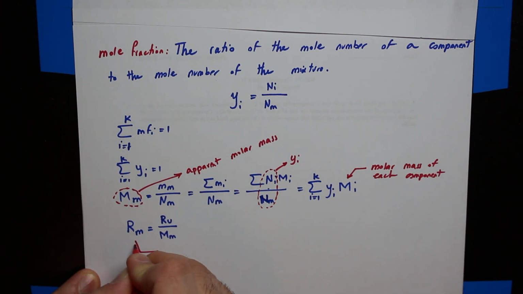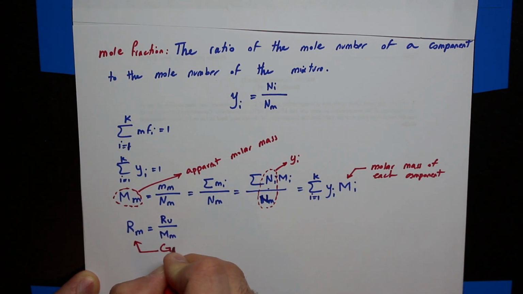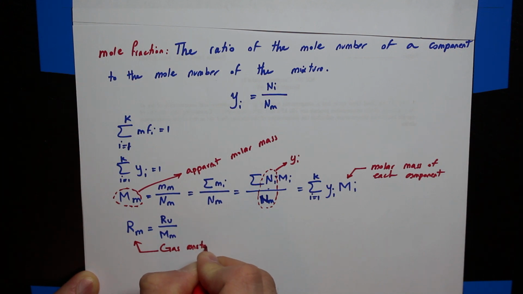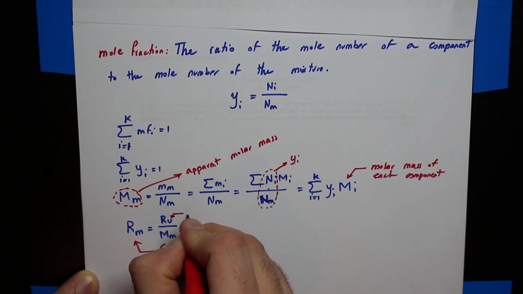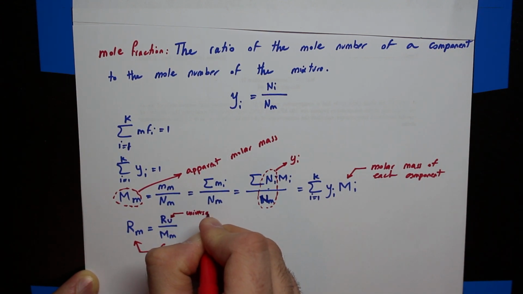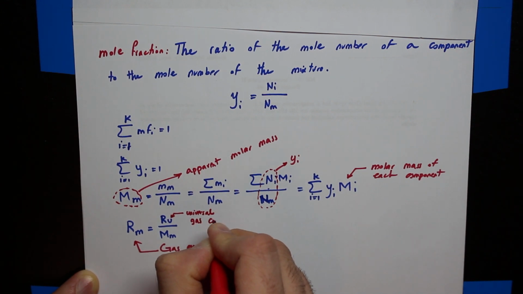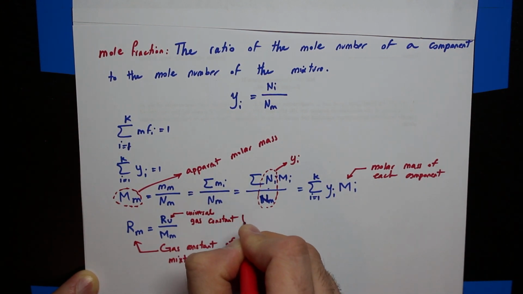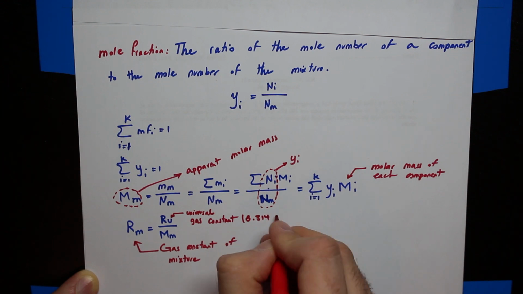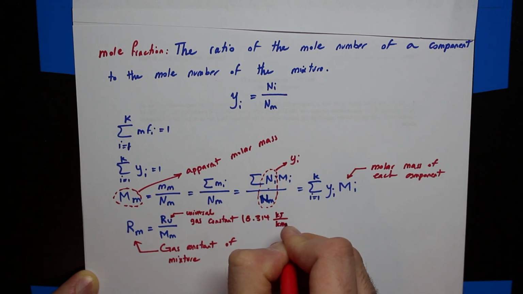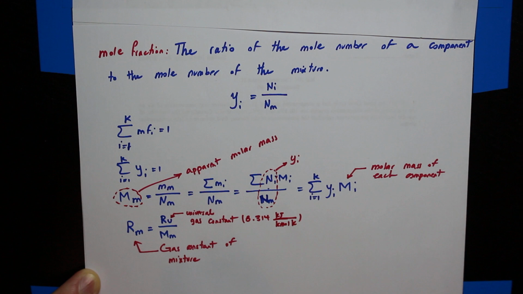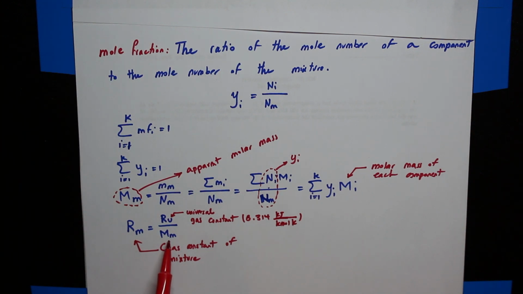So R_m is the gas constant of the mixture, and R_u is the universal gas constant.